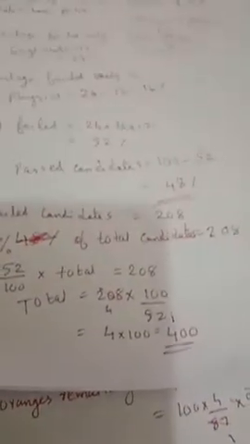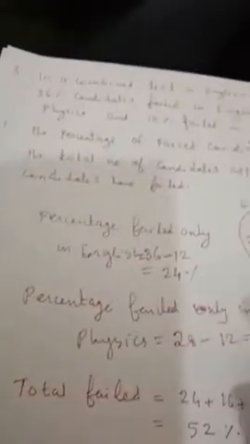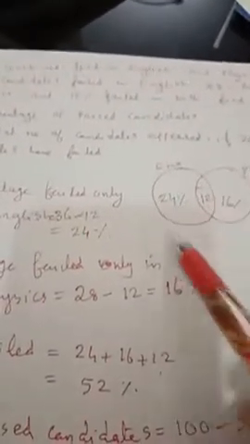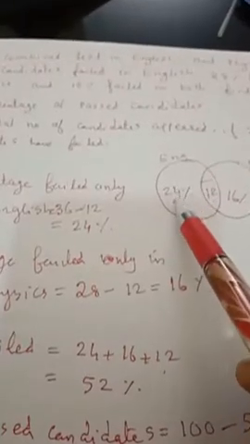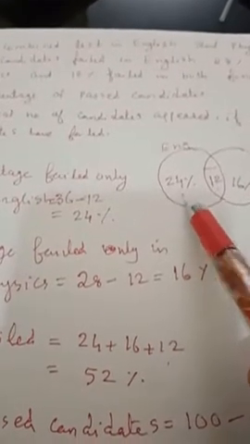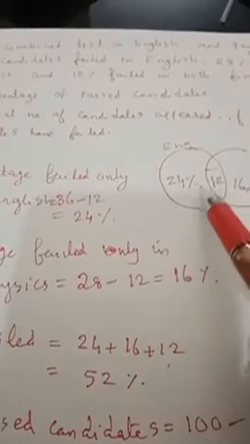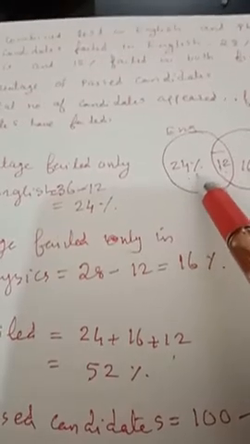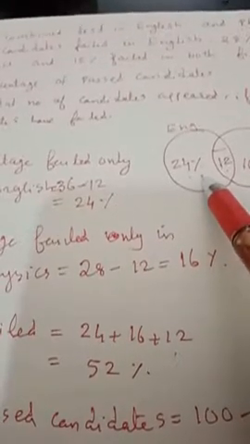Clear? So first, take 36% failed in English and 28% failed in physics, and 12% in both. First, the failed percentage only in English means 36 minus 12, since common is 12 in both subjects. So only in English is 24.